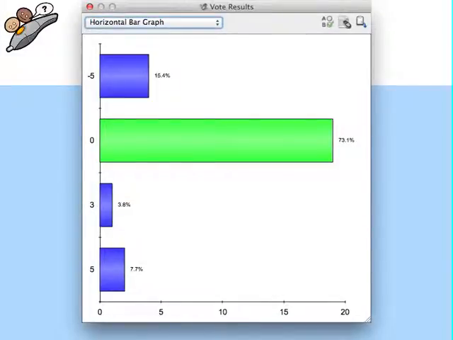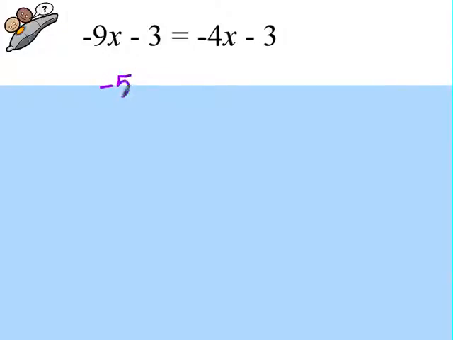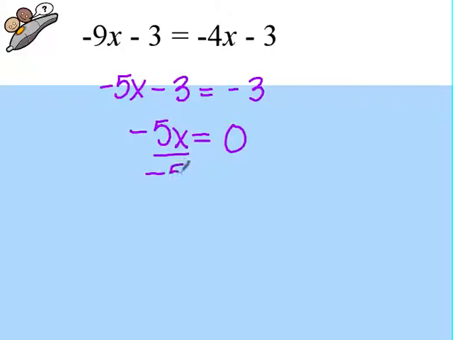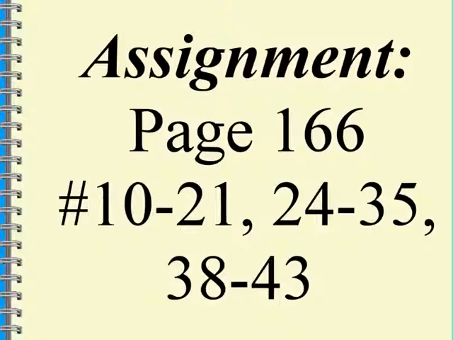The answer is 0. Nice job, those of you that got that. You should have ended up getting -5x minus 3 equals -3. If you add 3 to both sides, you end up getting -5x equals 0. The biggest thing here is if you divide by -5, 0 divided by any number is always going to be 0.